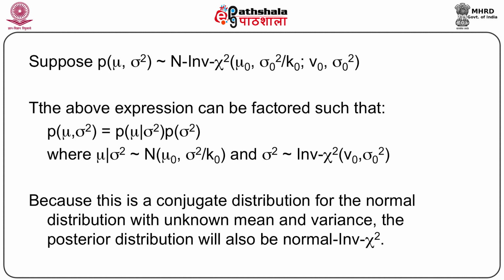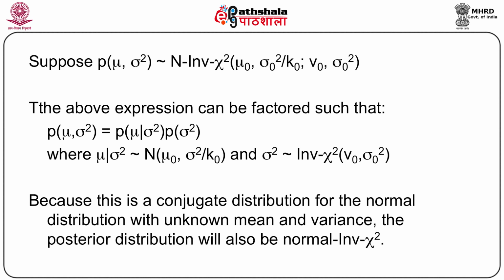We have already mentioned earlier that the joint distribution of mu and sigma square is normal inverted chi-square, with 4 parameters in the prior, and mu given sigma square is normal with parameters mu0 and sigma square over k0, and sigma square is inverted chi-square with v0 and sigma 0 square.